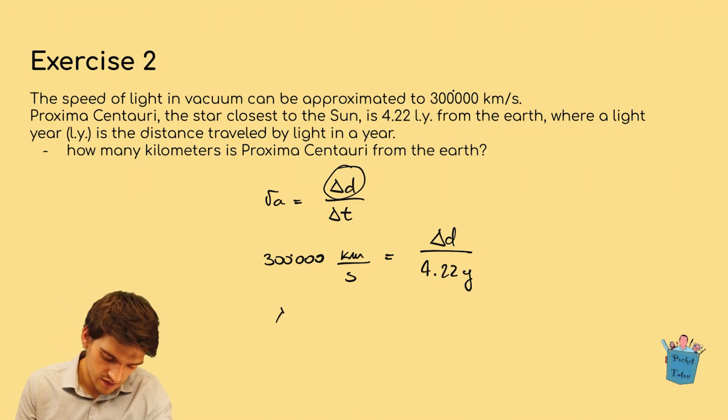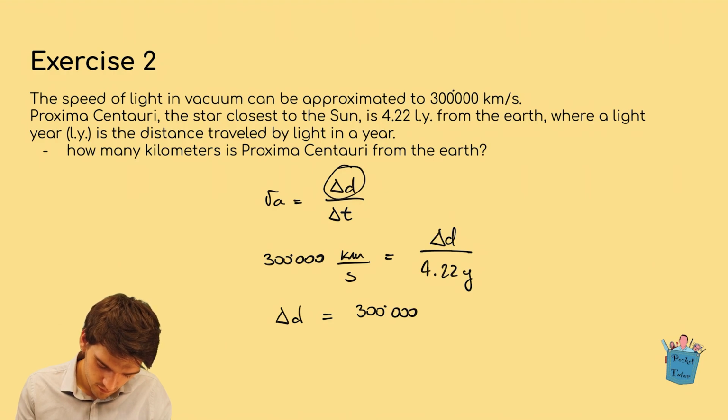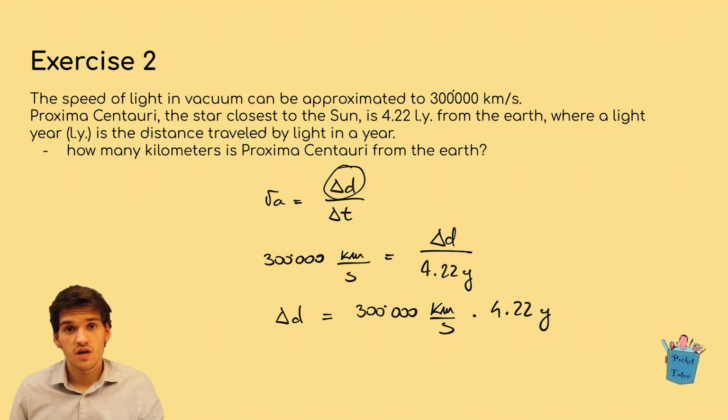Now, the distance in kilometers will be given by the product between the average velocity and the time needed to reach the Earth. That is 4.22 years. So now we just need to convert years in seconds.